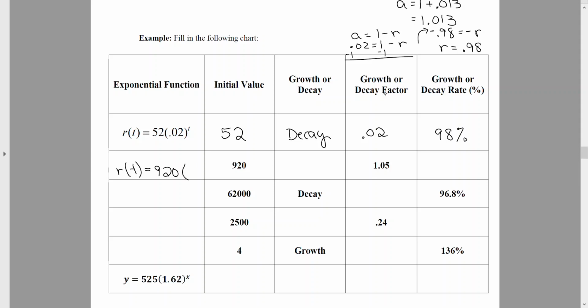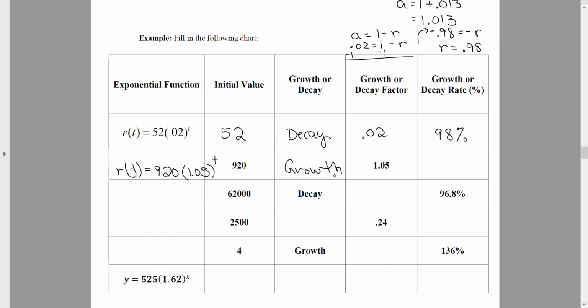I know what my growth factor is. Because it's bigger than 1, we're growing, so we can put in growth here. And the factor is what I'm multiplying by, 1.05 raised to the t power, or whatever variable you used in here. If you used an x, then you'd use the x as the power.